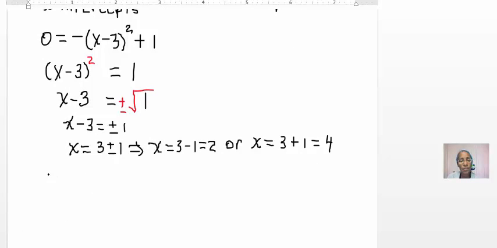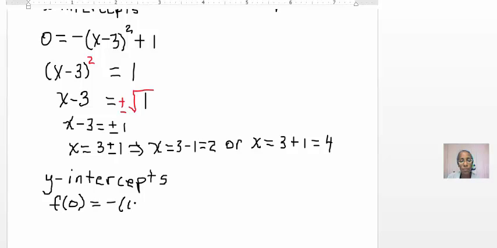So let's find the y-intercepts. And that simply comes from replacing x with 0. So I want to calculate f of 0.